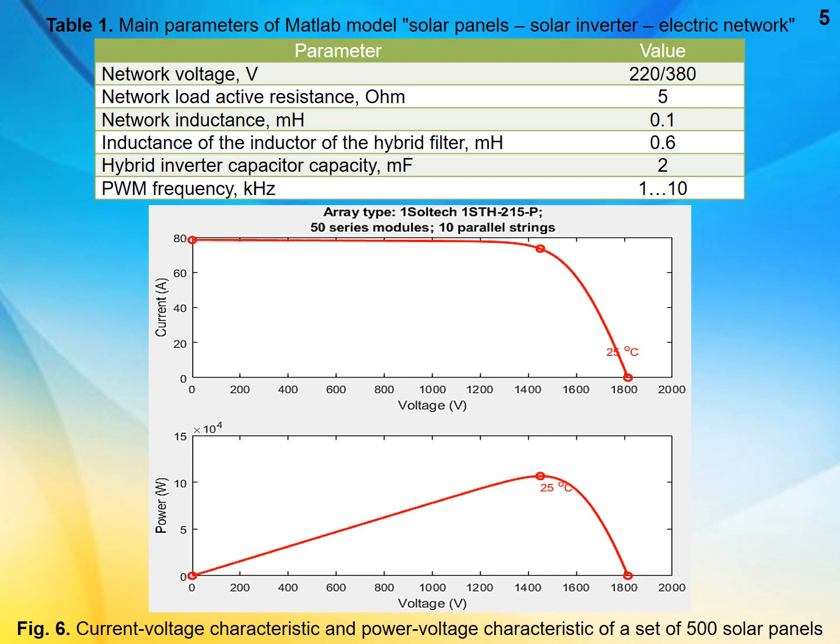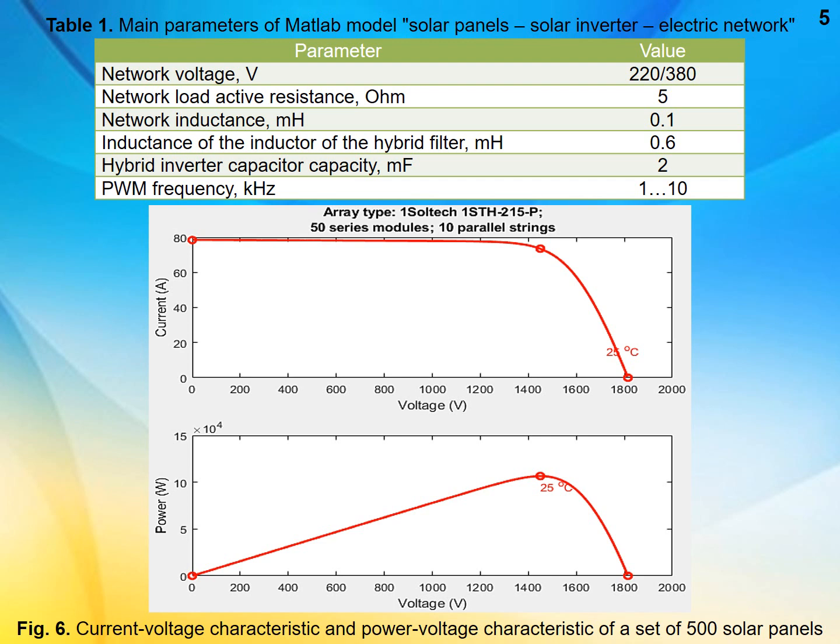In the model, the block of solar panels consists of 500 solar panels type Soltec 1STH 215P. It's 15 series modules, 10 parallel strings. The maximum current generated by the block of solar panels is 17.5 ampere. The maximum voltage generated by the block of solar panels is 1415 volt.